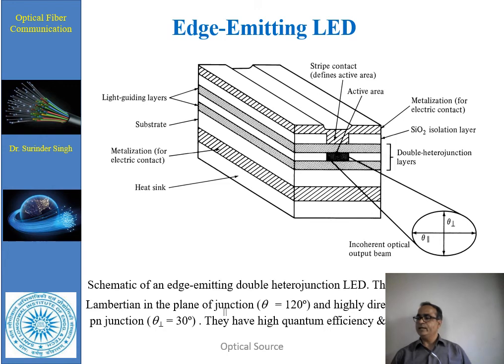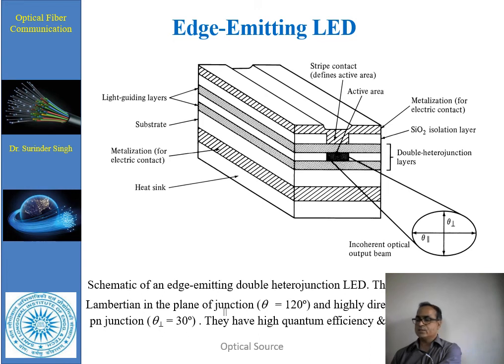Now the guiding layer has a refractive index which is lower than that of the active region, but this guiding layer has a high refractive index as compared to the surrounding layers or any other materials.